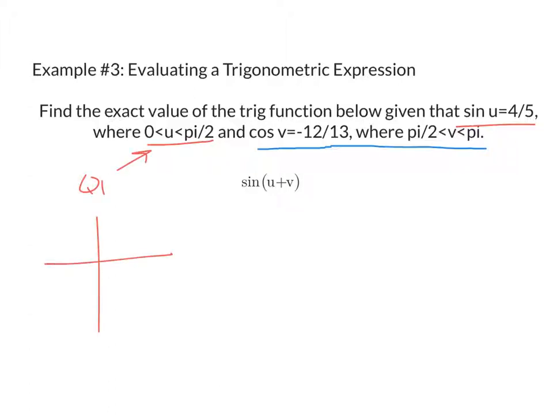So if we draw a triangle in quadrant 1, and I don't even want to use theta, I kind of want to use u. Sine is opposite over hypotenuse, so the opposite side is 4. The hypotenuse is 5. This is going to be a 3, 4, 5 triangle.